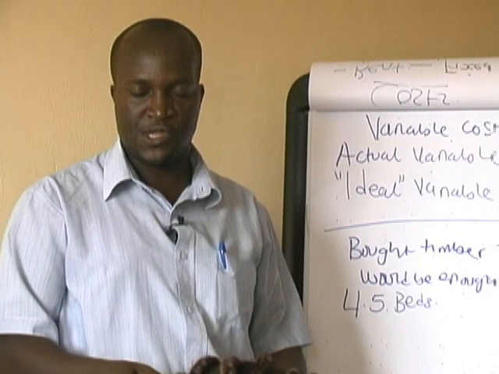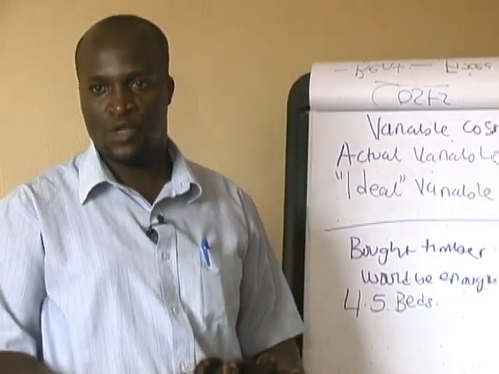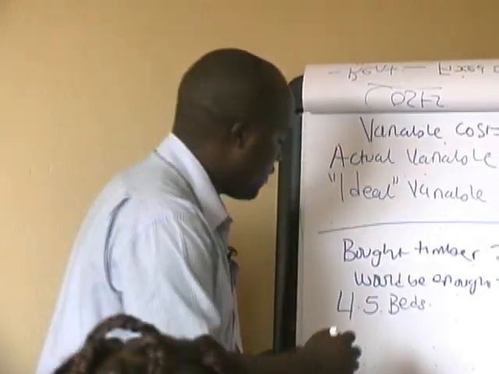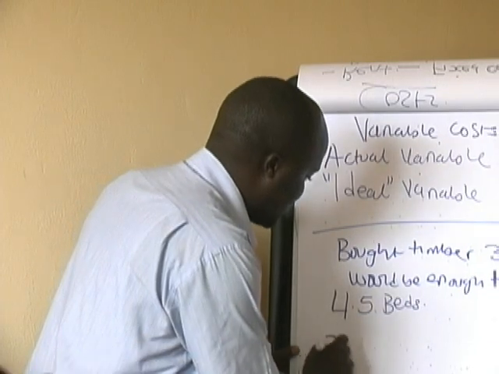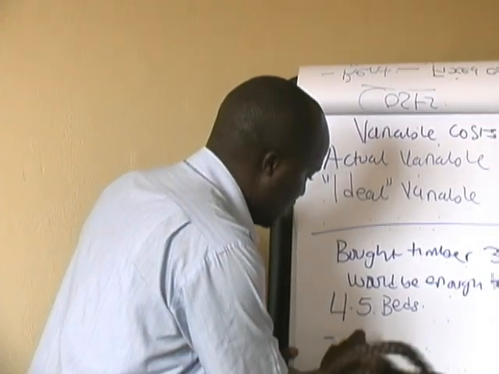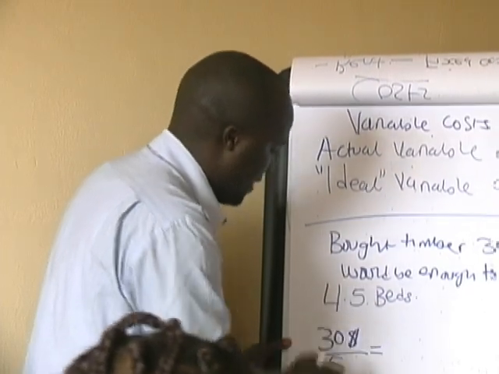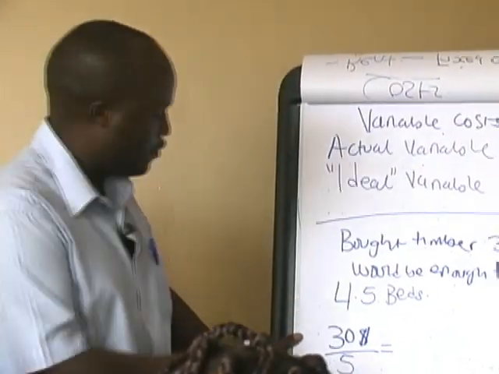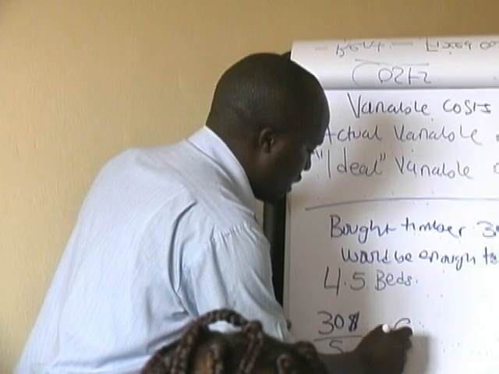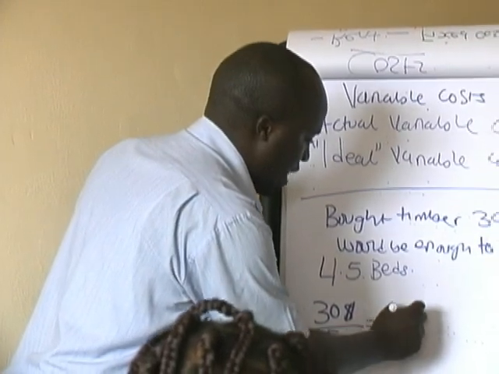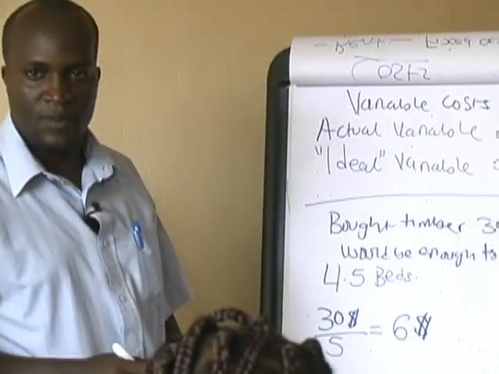Your variable costs will actually have to go up. So if you had $30 worth of timber and you produced 5 beds, you are taking an average of $6 on each bed.